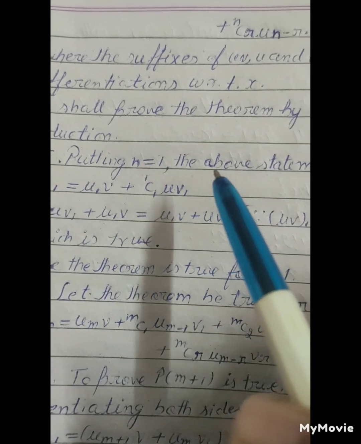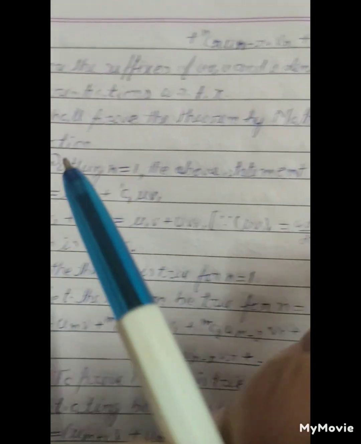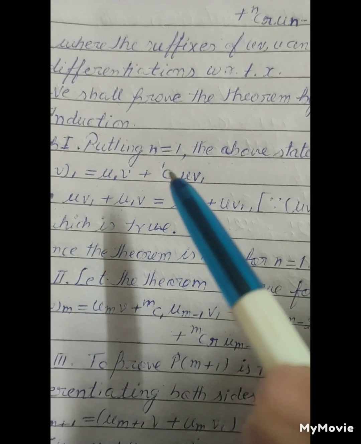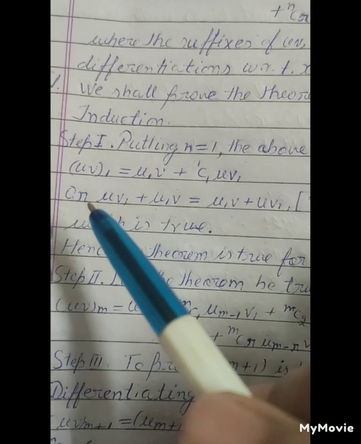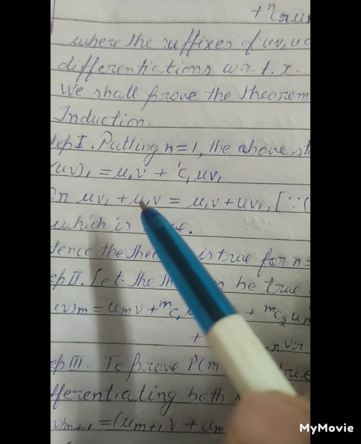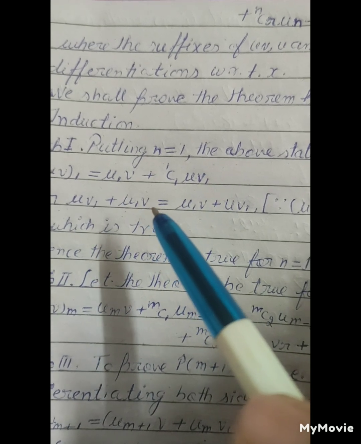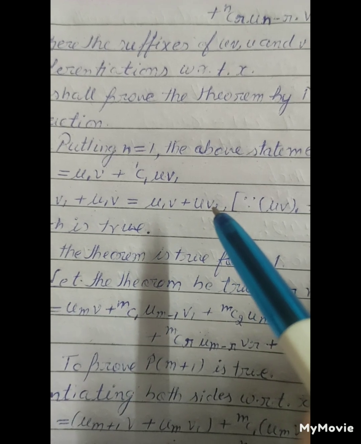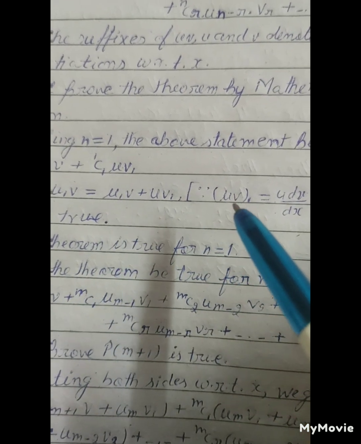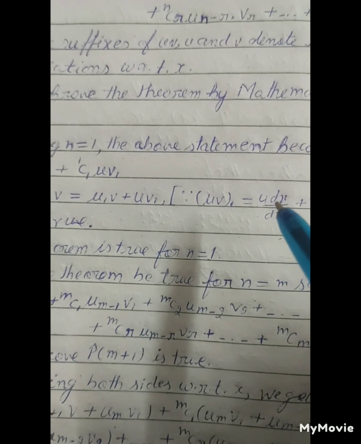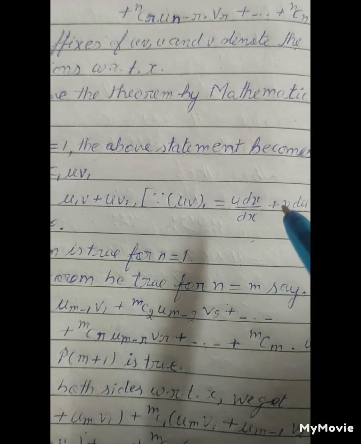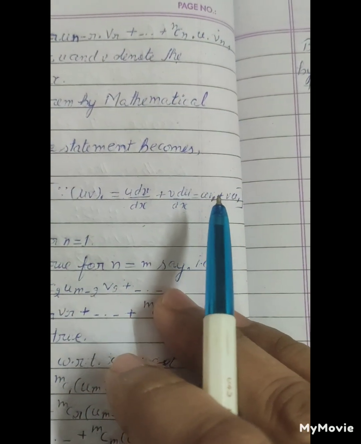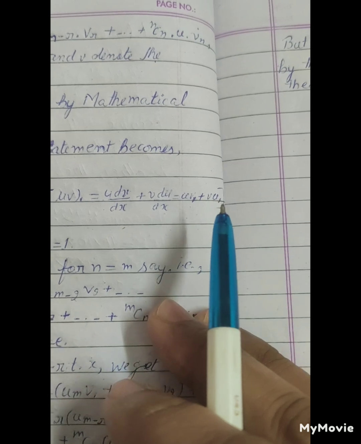Step 1. Putting n equals 1, the above statement becomes (uv)_1 = u_1 v + 1C1 u v_1, or (uv)_1 = u_1 v + u v_1, because (uv)_1 = u dv/dx + v du/dx = u v_1 + v u_1.